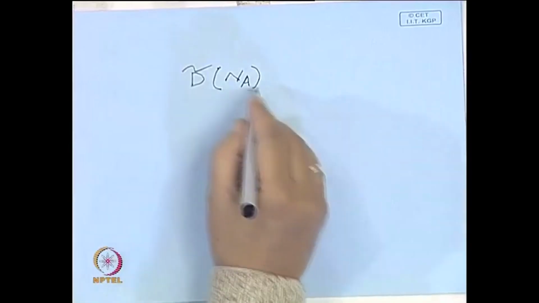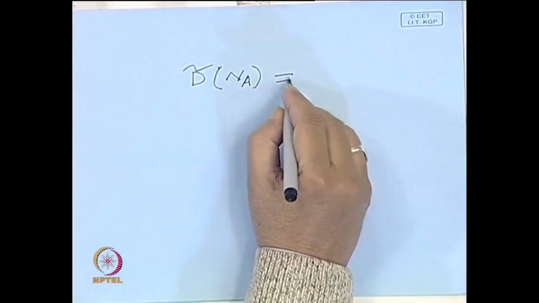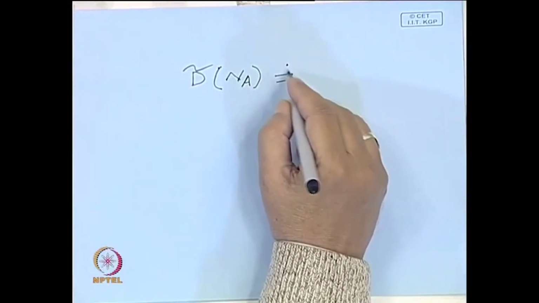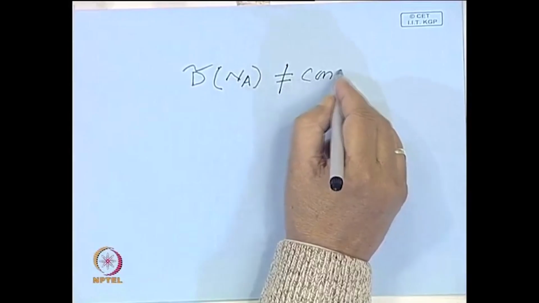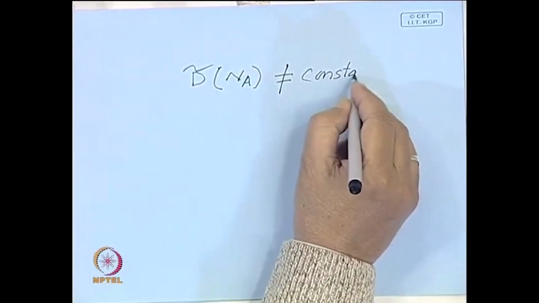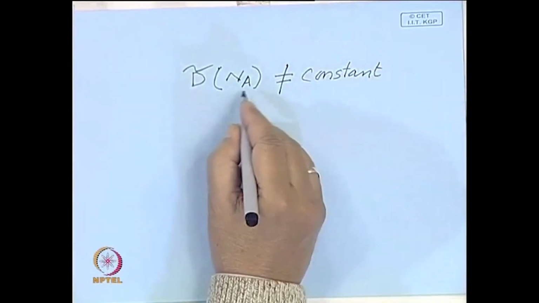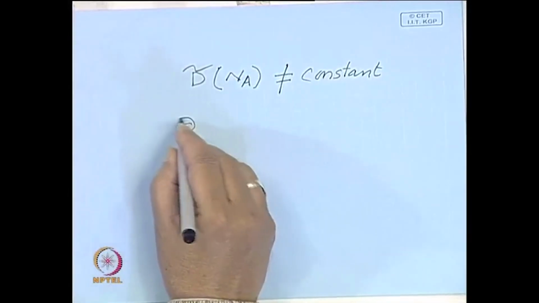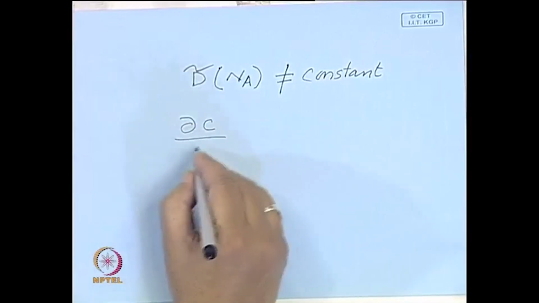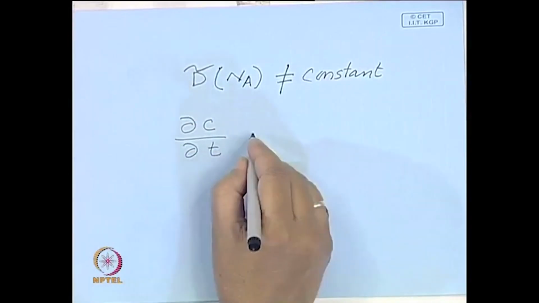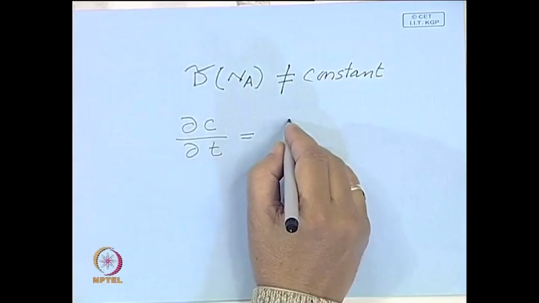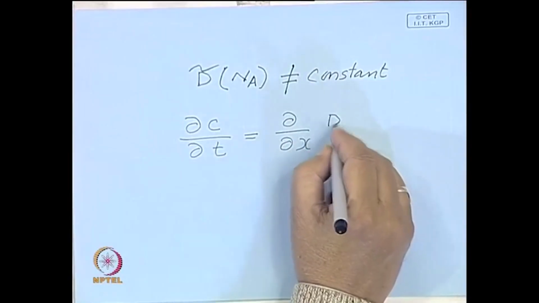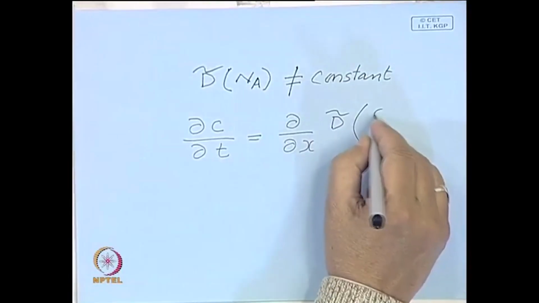So, this is not a constant. It is a function of the composition. So, that is why this diffusion equation, when you try to solve it, even in one dimension, we treat it like this.